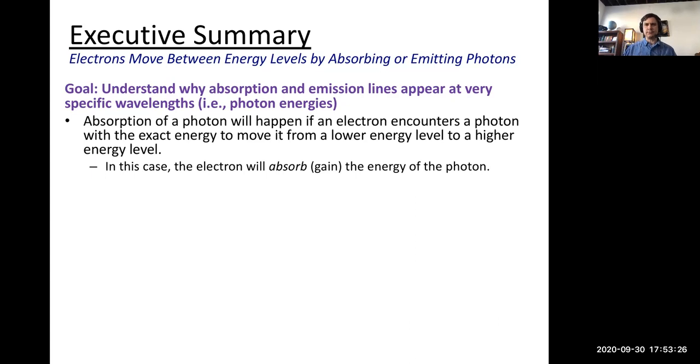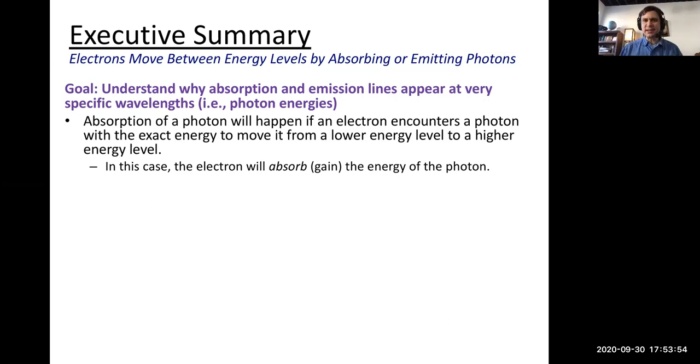Just to give you the entire roadmap, we're going to see the absorption of a photon, thus leading towards the creation of an absorption line. An absorption of a photon will happen when an electron encounters a photon, or you can reverse that, a photon encounters an electron. And the photon has the exact energy to take that electron and move it from one of its allowed energy levels to another energy level, from a lower energy to a higher energy.